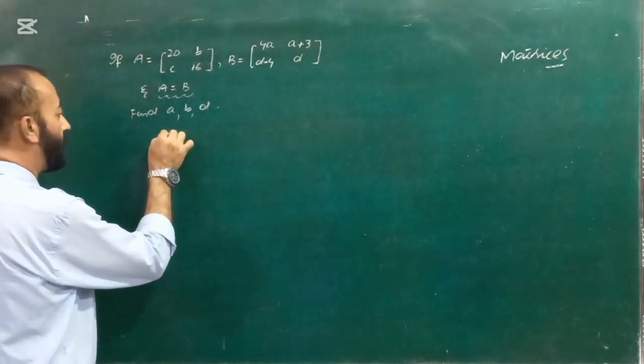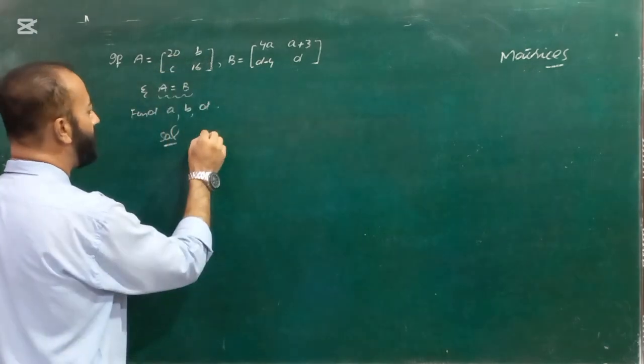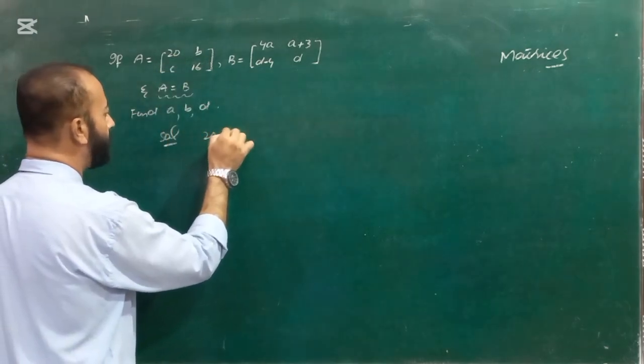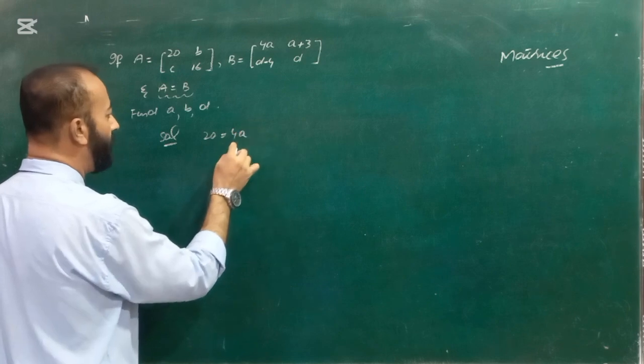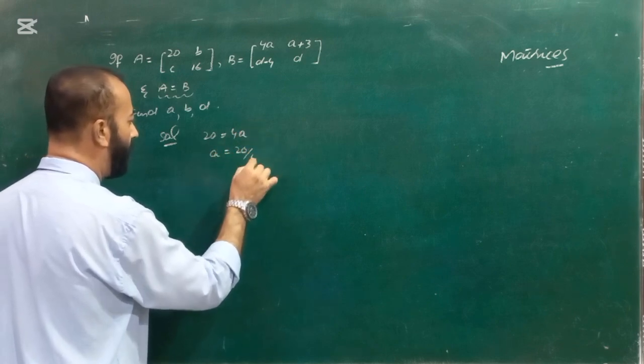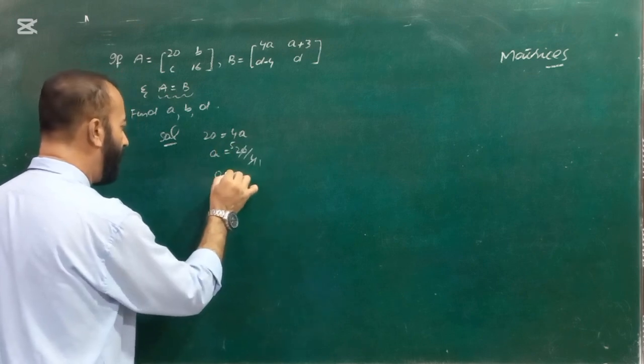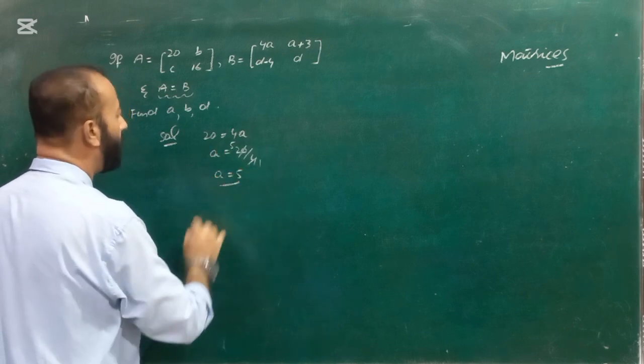This is the condition for equal matrices. So 20 will be equal to 4A. From here you can see A will be equal to 20 by 4. 4 ones are 4, 4 fives are 20. So A is equal to 5.